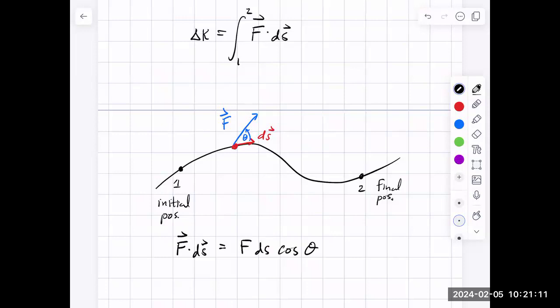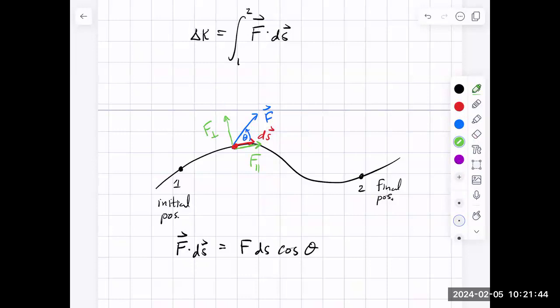What I could do is break my force up into components. So here's my force F. I could have a component that is perpendicular to the displacement, and a component that is parallel to my displacement.